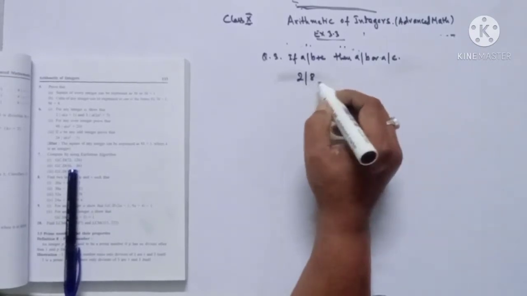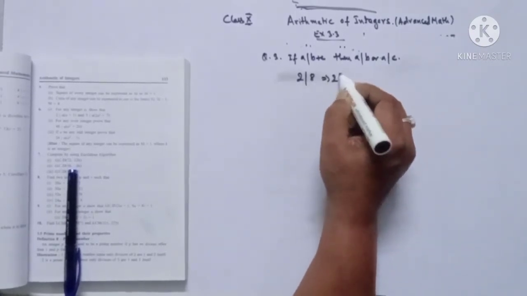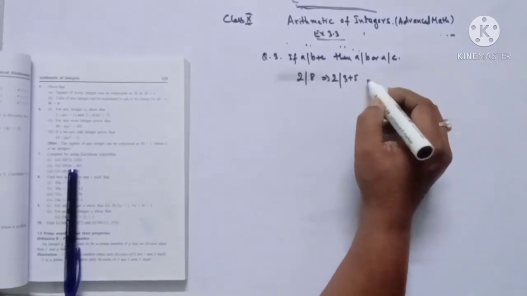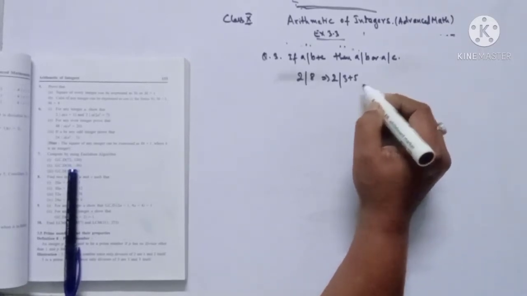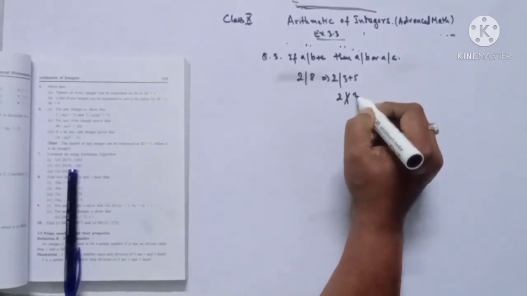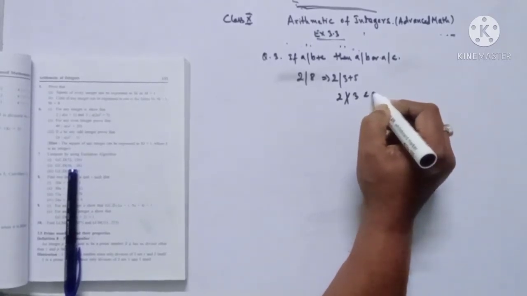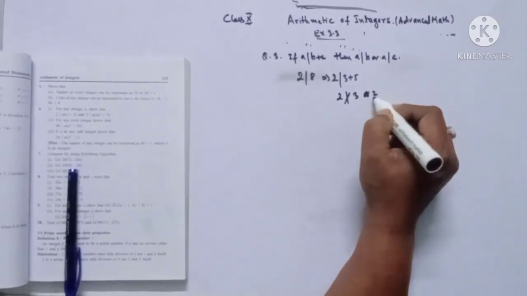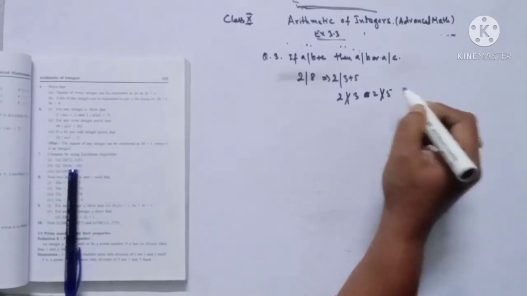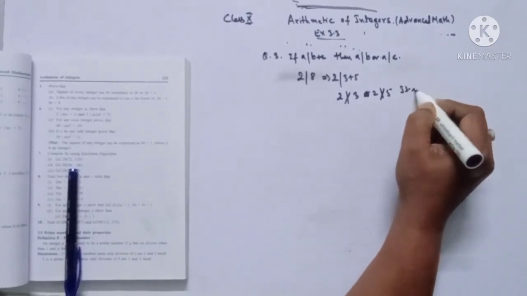So I can write like this as 2 divides 3 plus 5, but here you see that 2 does not divide 3 and 2 does not divide 5, so it is false.